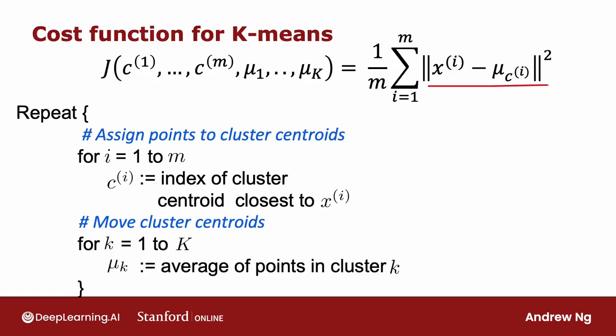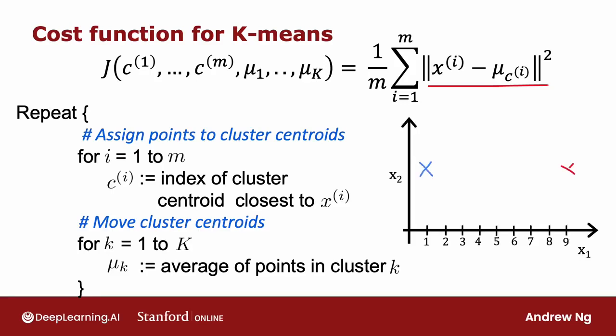the closest cluster centroid. So to take a simplified example, if you have two cluster centroids, say cluster centroids 1 and 2, and just a single training example Xi, if you were to assign it to cluster centroid 1, this square distance here would be this large distance, squared. And if you were to assign it to cluster centroid 2, then this square distance would be the square of this much smaller distance.